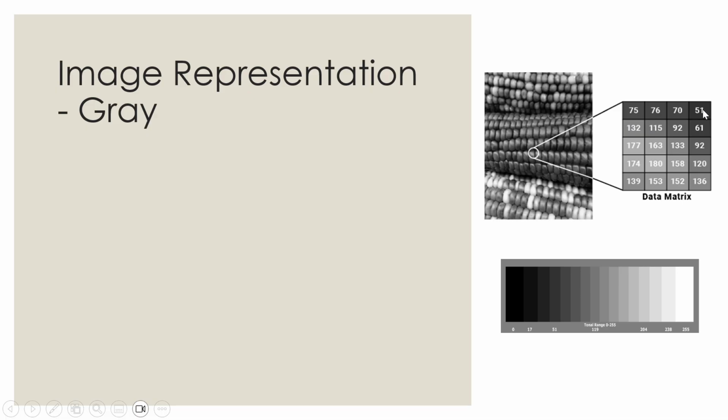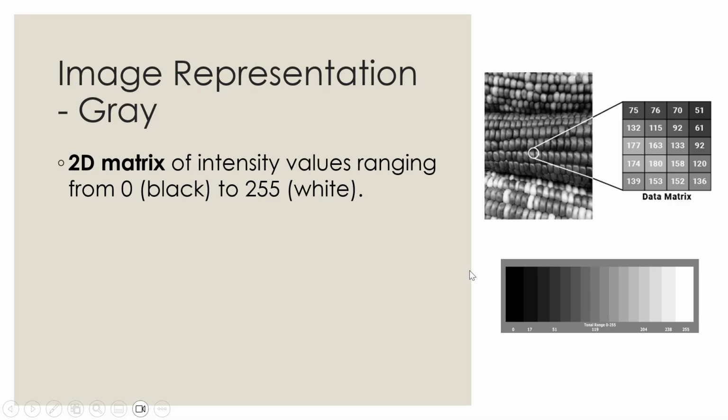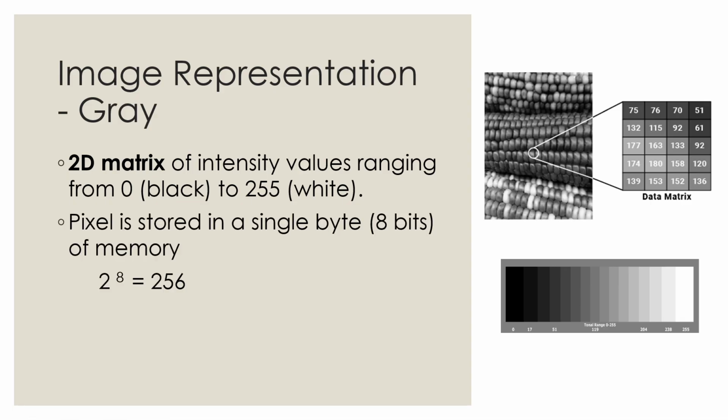The x and y axes represent the spatial location of the pixels, and the values 75, 76 and others represent the gray values, the gray levels of the pixel. This gray level ranges from 0 to 255. So it is a 2D matrix of intensity values ranging from 0 to 255, where 0 represents black and 255 represents white.